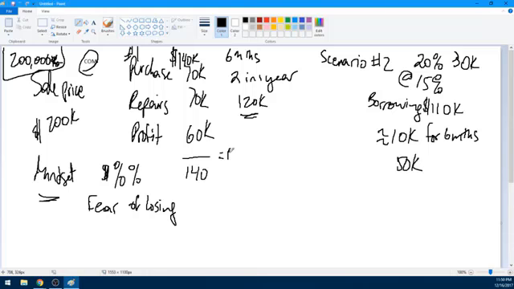Let's just say 43%. Here, you're making 50,000, but you only put in 30,000. Now, your ROI is 166%. Which scenario would you rather have? Obviously, scenario number two.